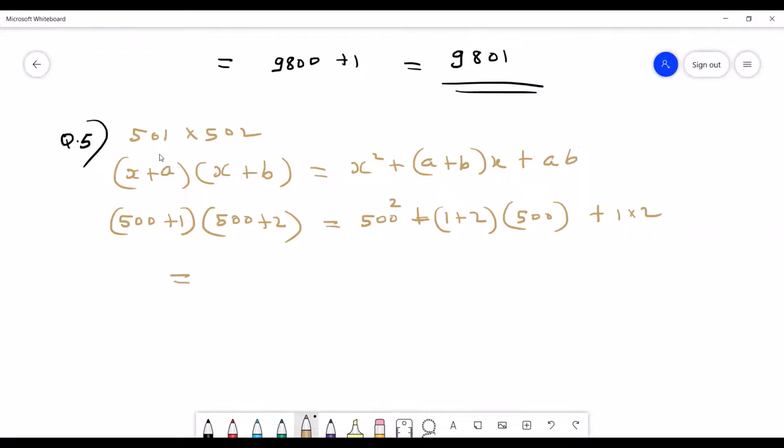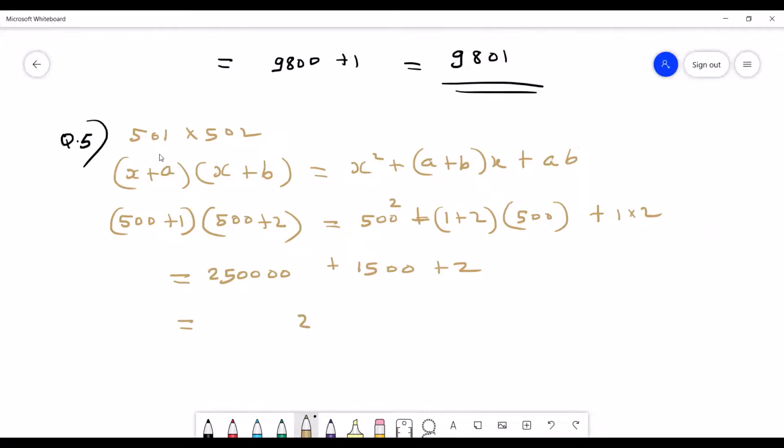So this will become 250000 plus 3 into 500, which is 1500, plus 2. You have to add it.